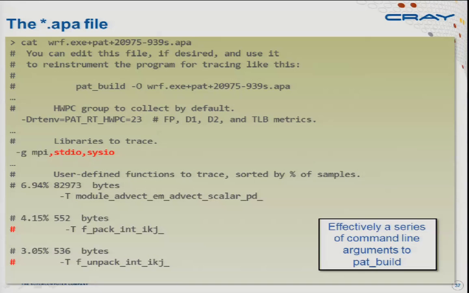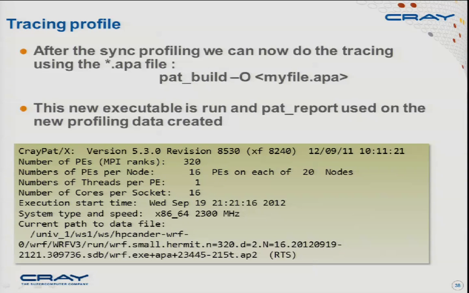So, as mentioned here, these are the effective flags that you specify to pat_build to do the tracing. As I say, tracing only for these functions here, these groups and these functions. Not everything, otherwise, good luck. All right. So you can use pat_build, and you will run again, and then on the new file you can run pat_report to get a new output.